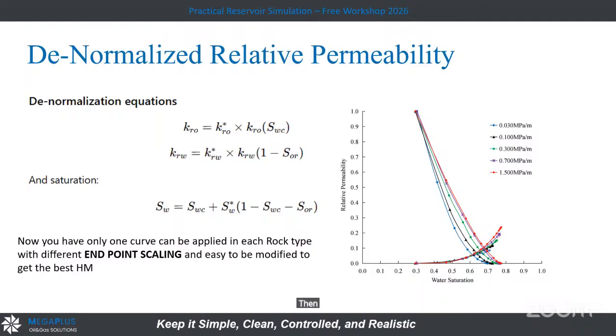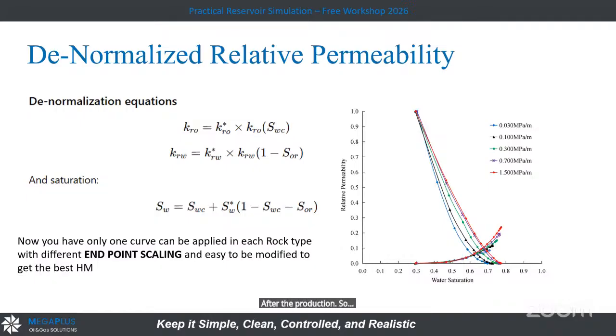Then I have a silicon, clean sand reservoir, which by default will be water wet, as an example. So we have another connate water saturation and residual oil after the production.